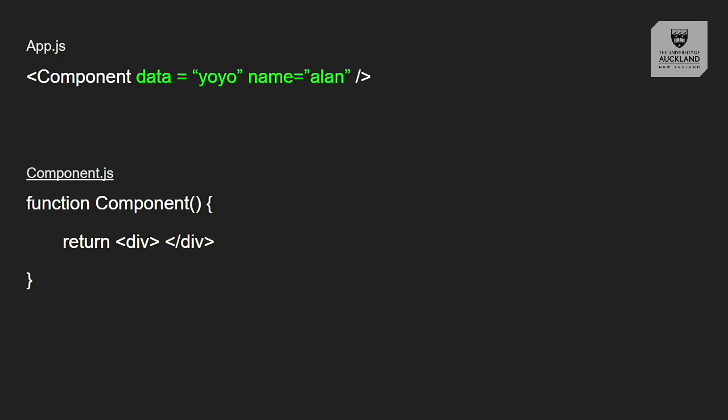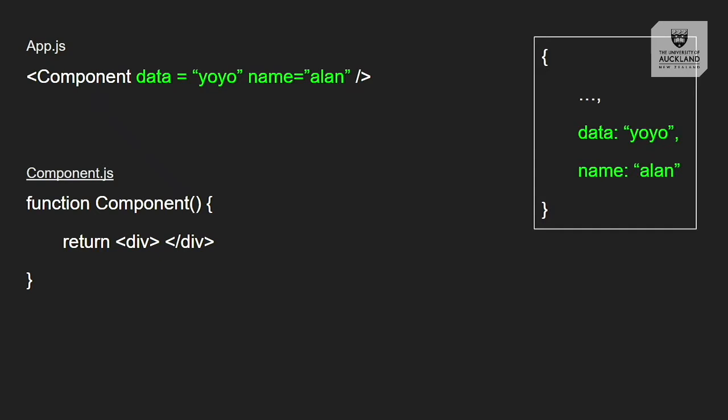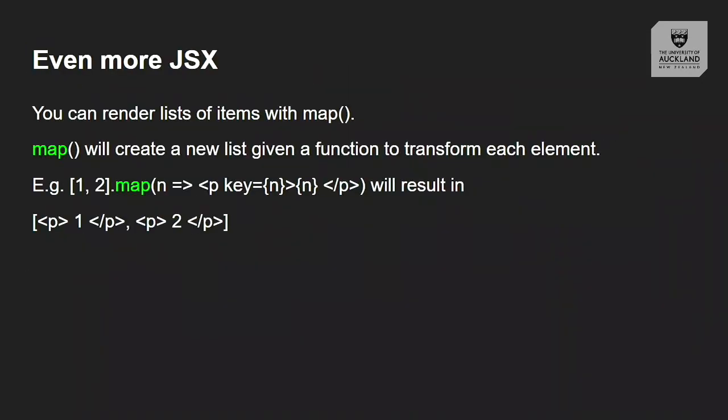And React will take these props, put it into a JavaScript object, like so, and then you can access this JavaScript object by creating first a parameter, and then within curly braces, because this is an expression, you can put props.data, props.name. And this will return a div with yo-yo, and then a colon, and then Alan. Yeah. So let's create a component that uses props.